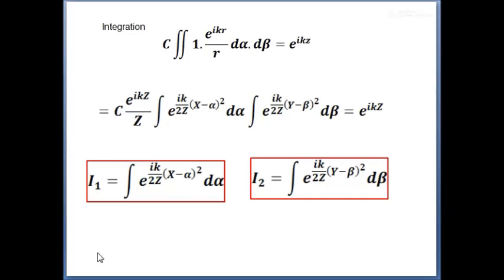Now this will be c e to the power ikz by z and the integral of e to the power ik by twice z (x minus alpha) square d alpha, times the integral of e to the power ik by twice z (y minus beta) square d beta, which will be equal to e to the power ikz. Now consider this part of the integration as I1 and this part of the integration as I2. So c e to the power ikz by z, I1 into I2 is the result.